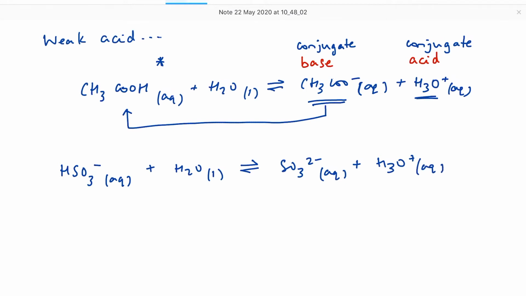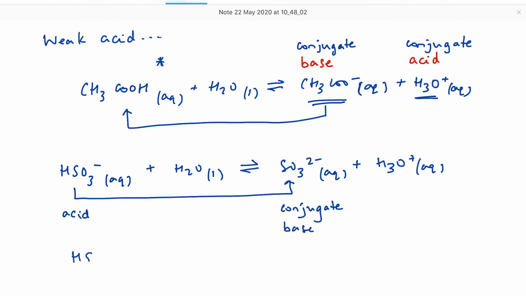In this case, if we have a look, we can see that HSO3- is behaving as the acid because during the course of this reaction it donates its proton. And as a result of that, it becomes SO3 2-. So SO3 2- is the conjugate base.